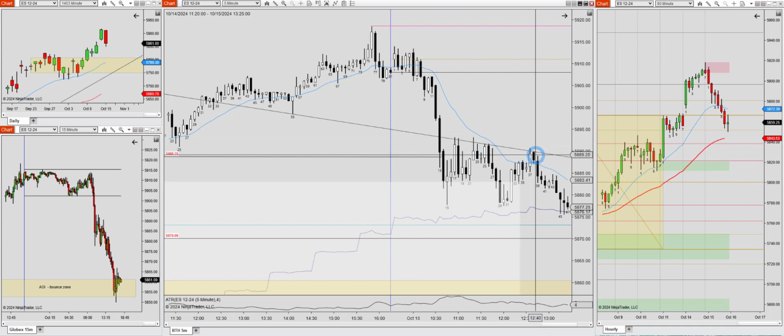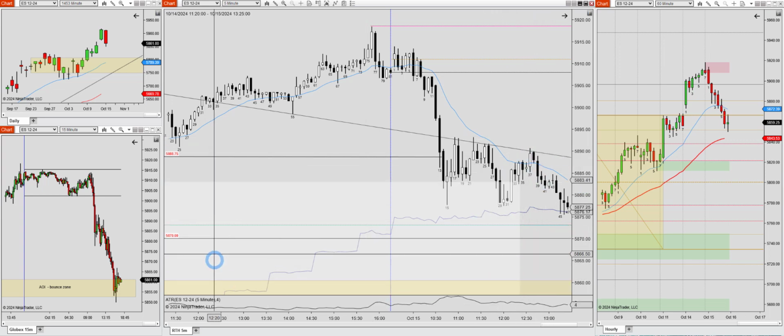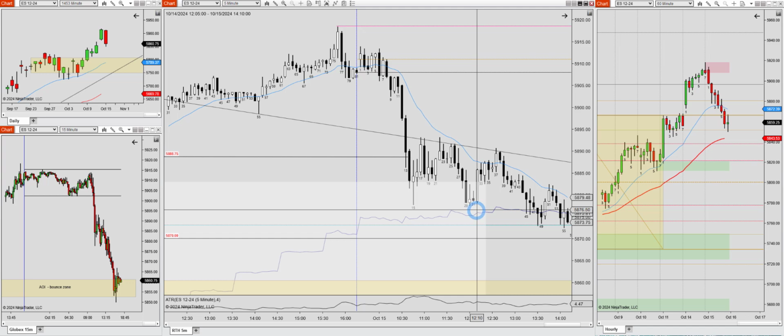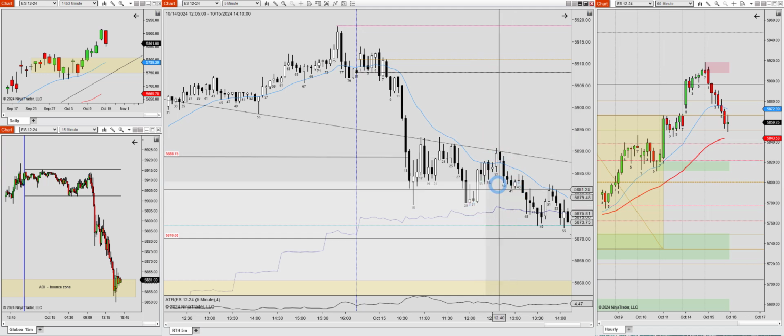Once I saw the bar 38 did not close above this trend line, I'm selling here and I'm targeting this price point, which is the gap midpoint. 58.70 is my target. So the market is selling, so am I, and somewhere around here, let's see, micro channel here, another bear flag.